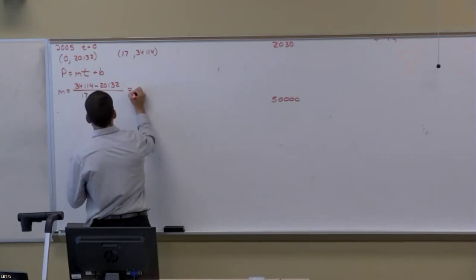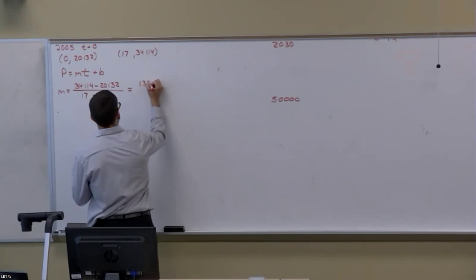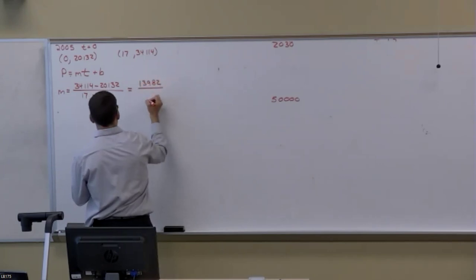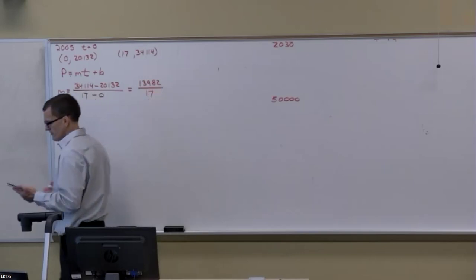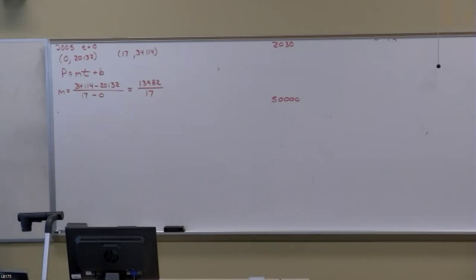Now, when we do this one, we do not get a nice fraction. 13,982 divided by 17 does not give me a good decimal. It gives me 822.4705882, et cetera.